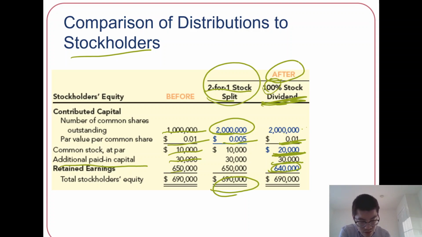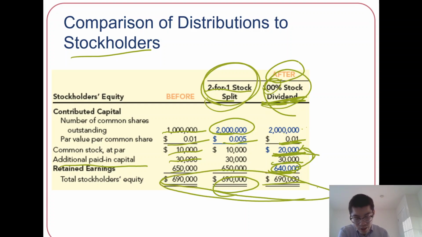Why is that? Because this $10,000 becomes additional par value. So total stockholders' equity is still $690,000.